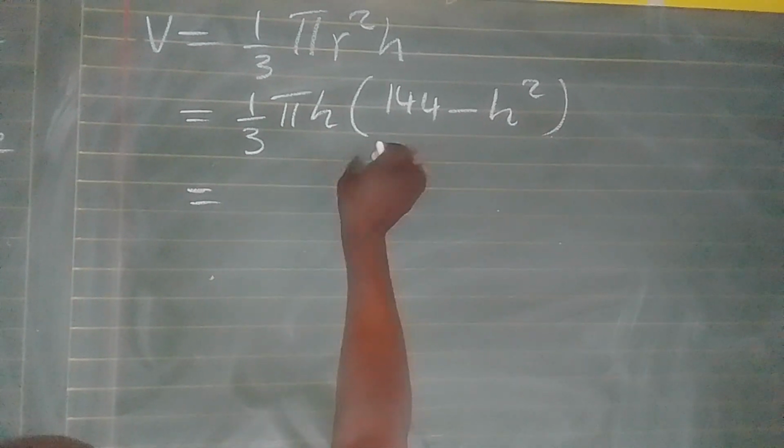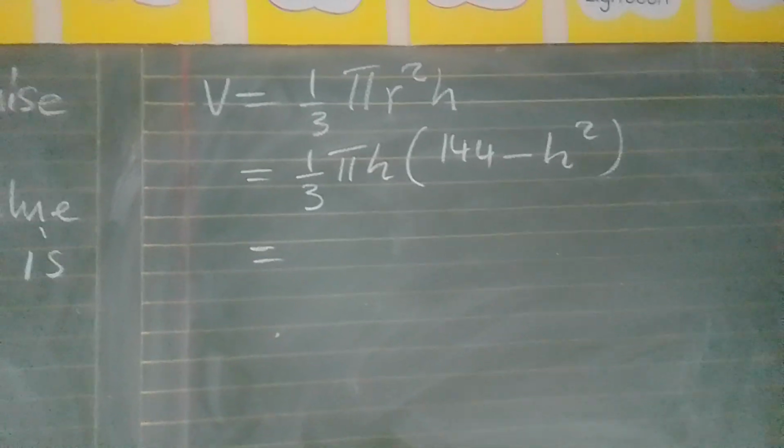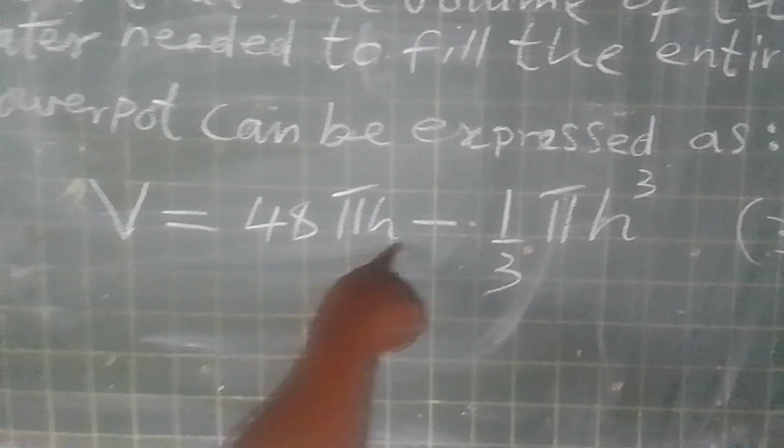Then we multiply throughout here. Remember, the volume must come to this. The volume must come to 48 pi h minus 1/3 pi h squared.